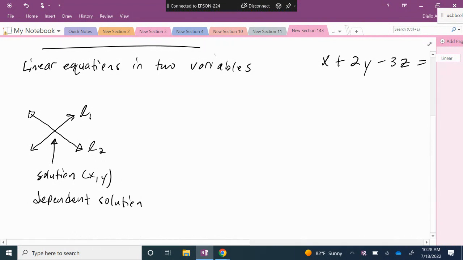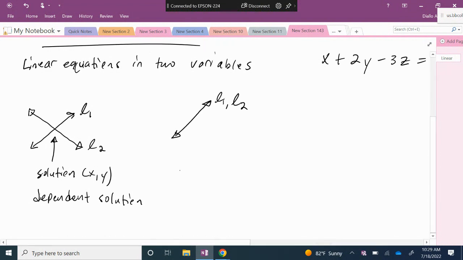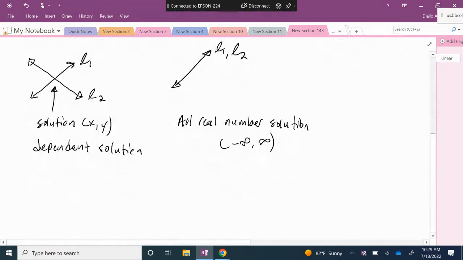solution, because one equation is dependent upon the other equation. We can also graph a line. So this is our second type of solution. I can graph one line, I'm going to call it L1. And if I graph another line, L2, and that line fits exactly on top of the other line, then this is said to be an all real number solution. Because if I graph one line and another line and one fits on top of the other, they intersect at every point.